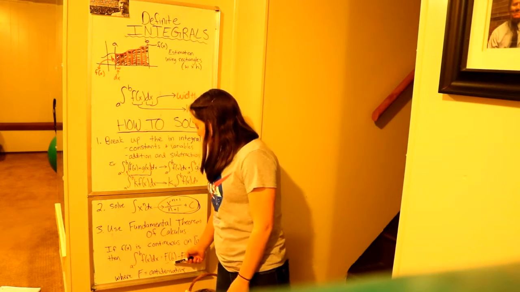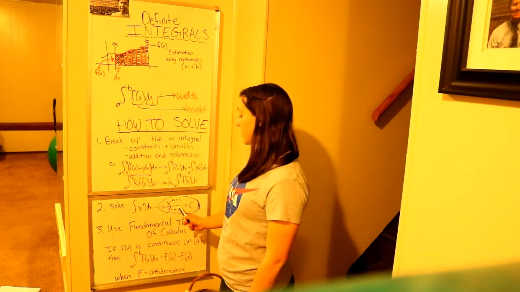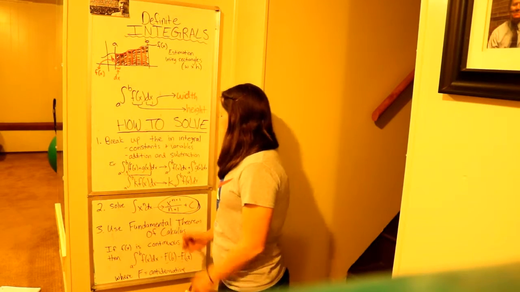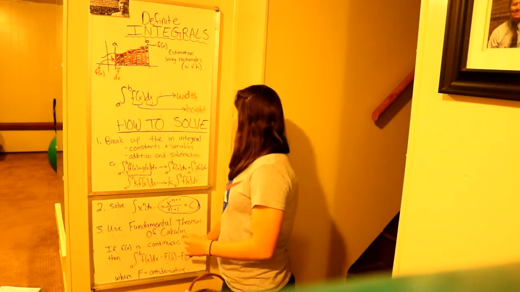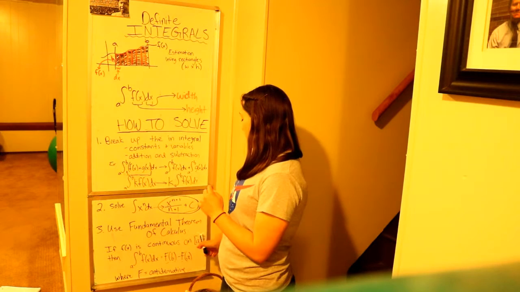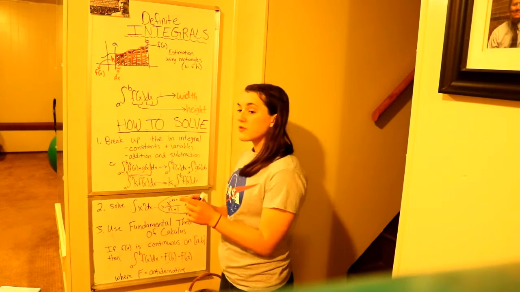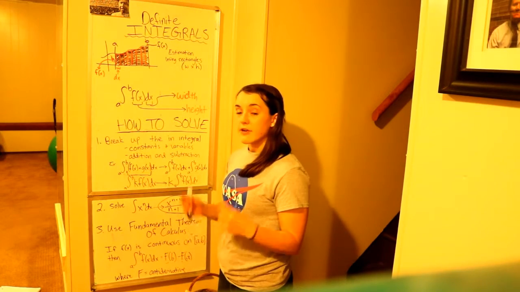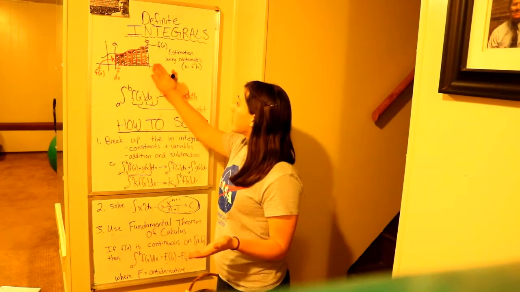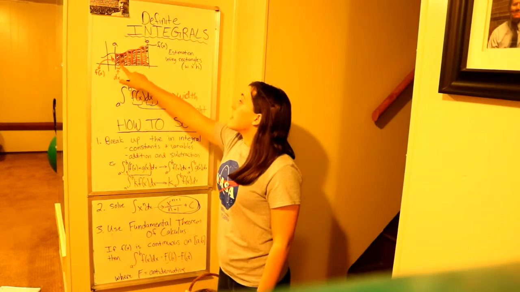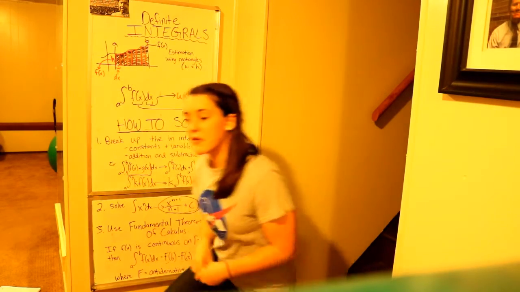So we just plug b into our antiderivative equation and get an answer, and then subtract from that F of a, which we get when we plug a into our new antiderivative equation. Subtract those two together, and then we have our answer, and it is our exact area underneath the curve over the interval of a to b. Thank you.